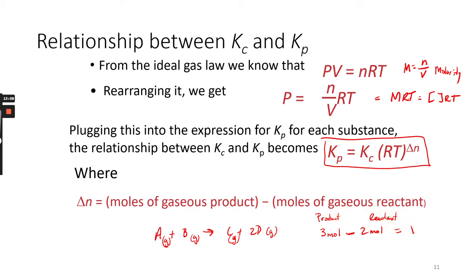So that would give me 1. So this would be my delta n, which would be 1 in this case. It depends on your reaction. R is your gas constant, and we're going to use the one for atm, which is 0.0821. And T is temperature in Kelvin.